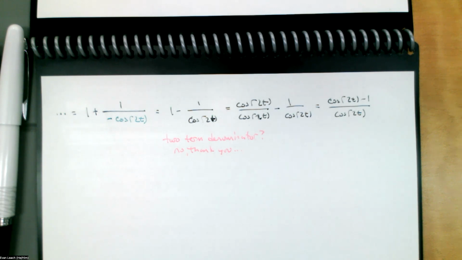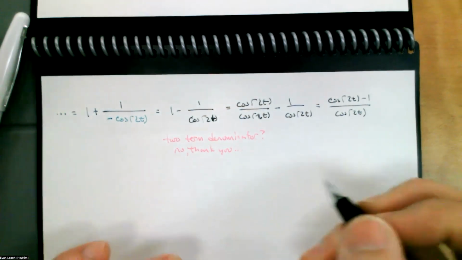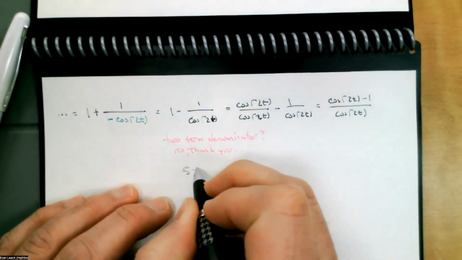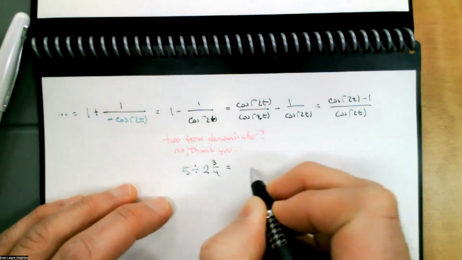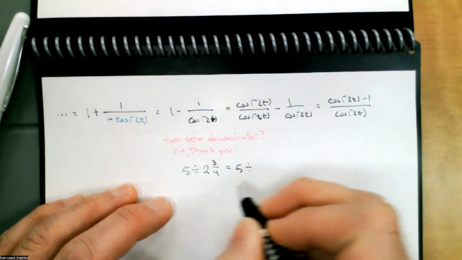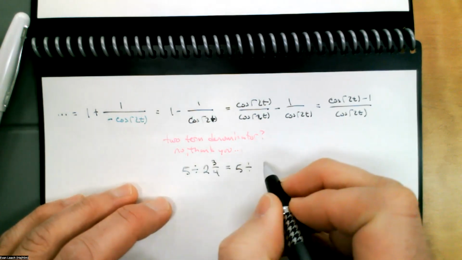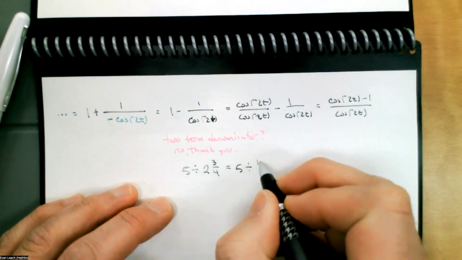If I ask you to divide by 2 3/4, you would take that 2 3/4 and turn it into an improper fraction. So it's not multiple terms. So the reason I'm saying two-term denominator, no thank you. Imagine if I had 5 divided by 2 3/4. 2 times 4 is 8, plus 3 is 11/4.